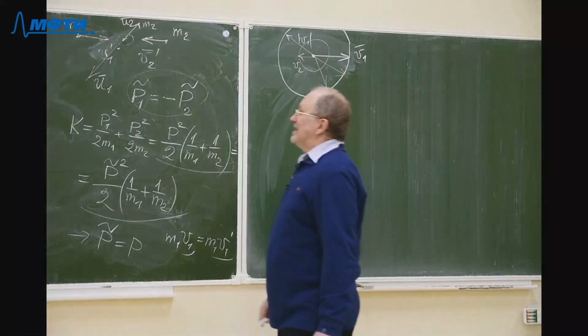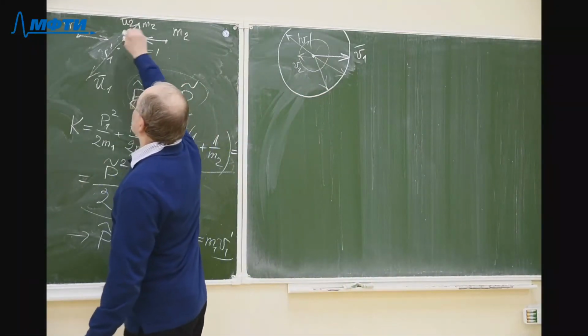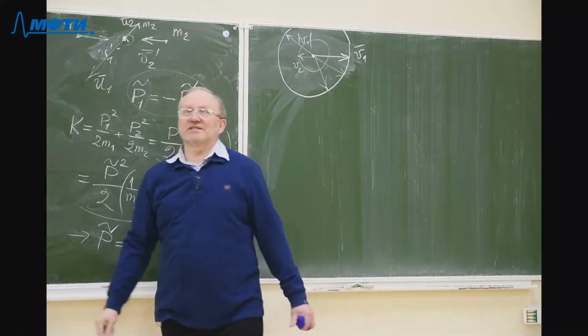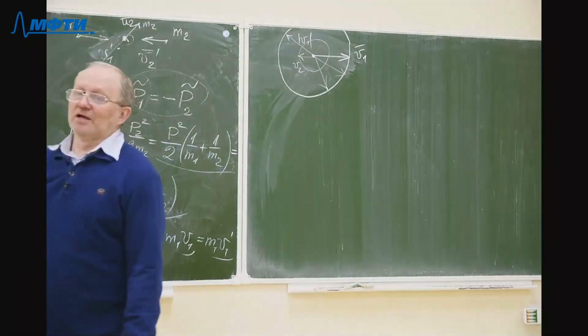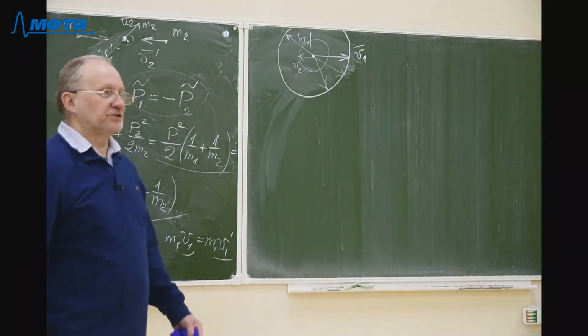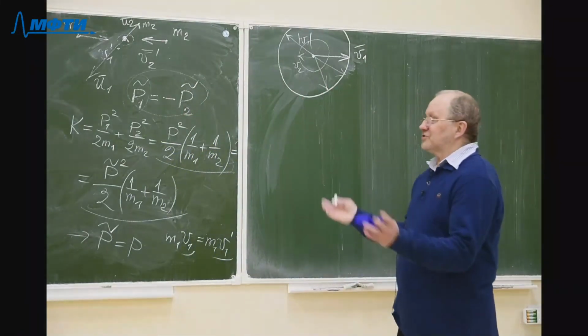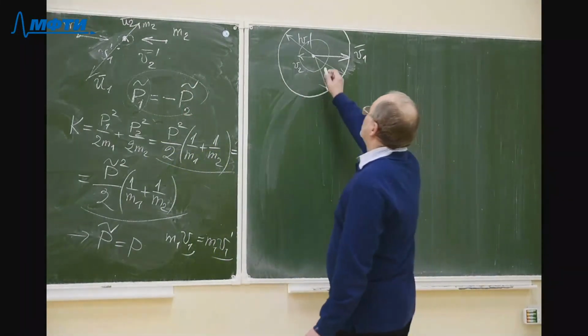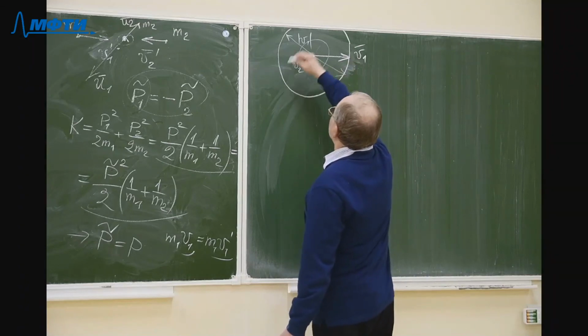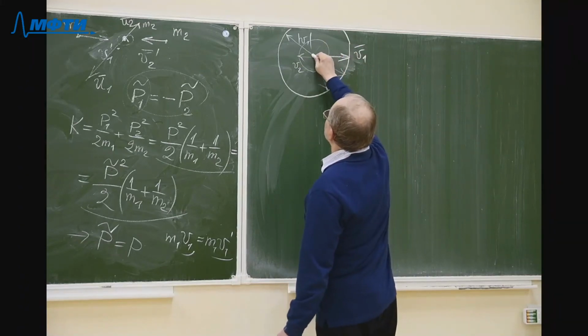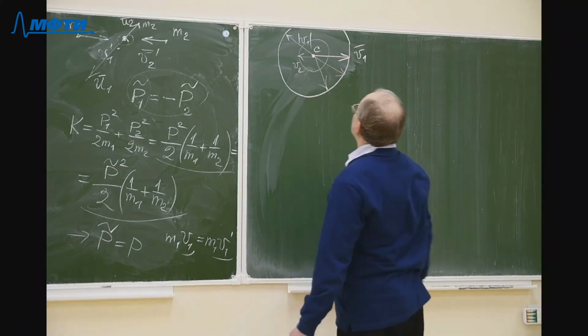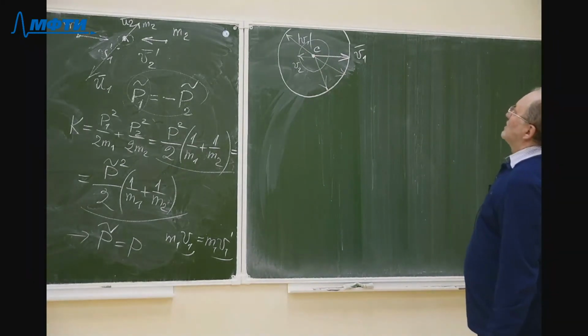So in the center of mass reference frame, the velocities of the particles remain the same in magnitude as they were before the collision, but the direction of velocity may be any direction in space. So in the center of mass reference frame, the picture of collisions is this one.